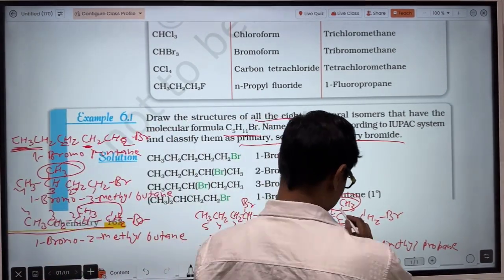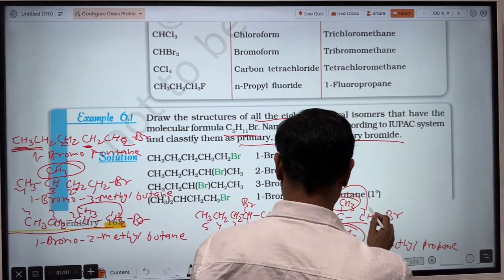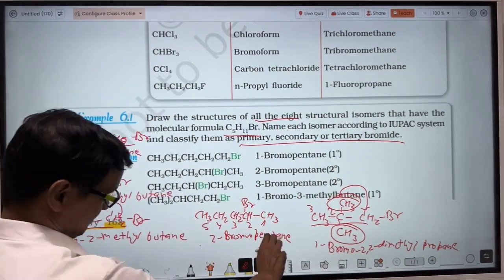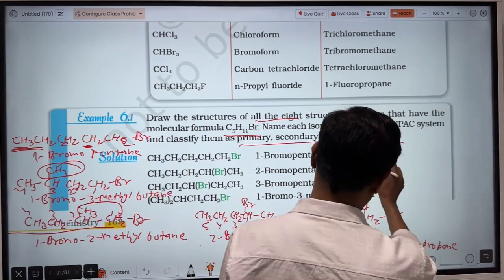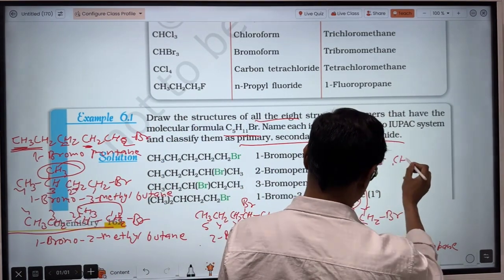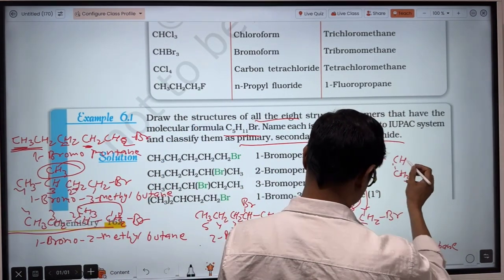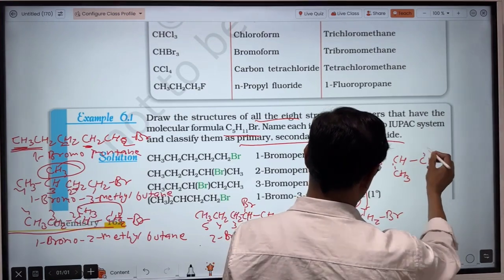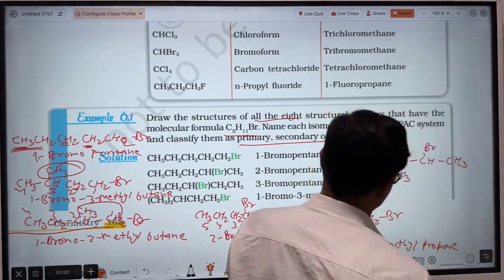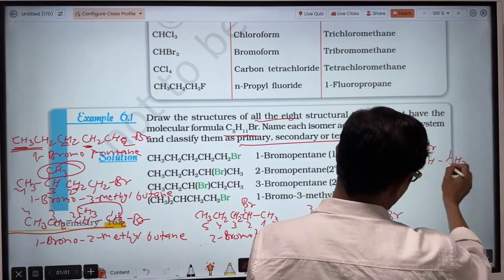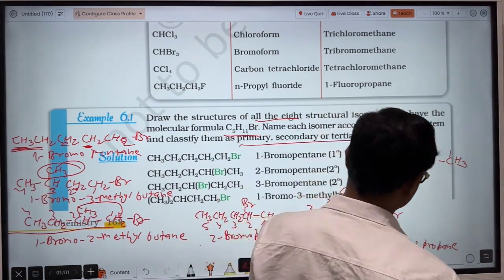Next, when you attach 1 methyl to this side, or similarly here, that will be this. So for the IUPAC name, 1, 2, 3, because here the bromine is at the second position.